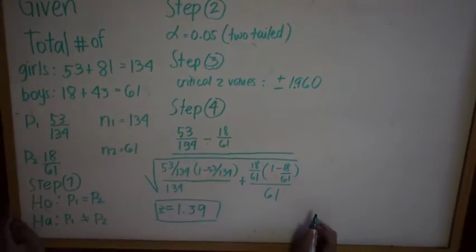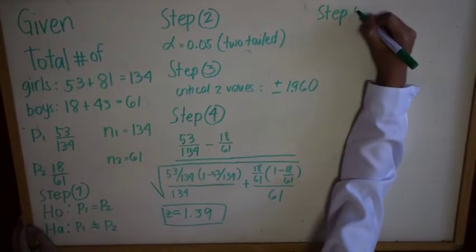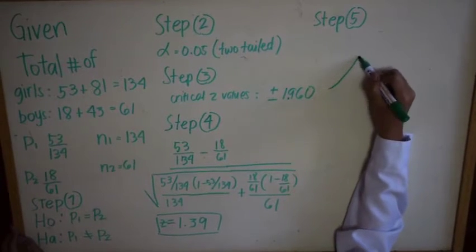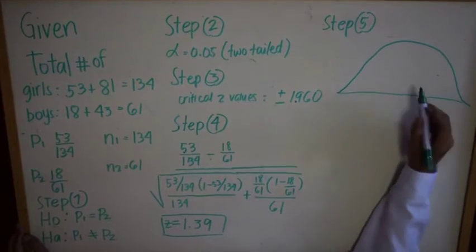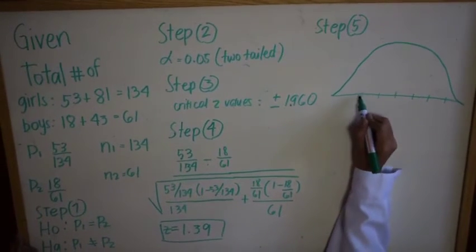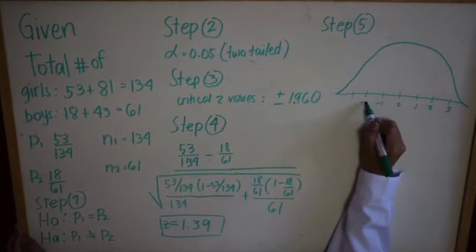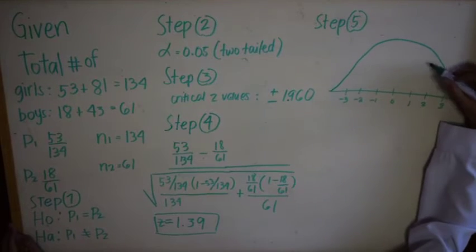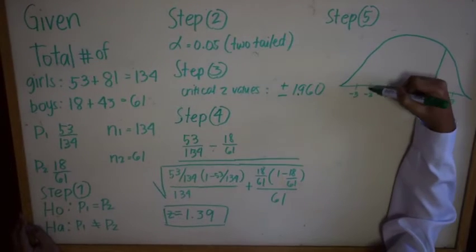For step 5, we need to graph our 1.39. So we will draw a normal distribution curve and label it. Our positive 1.960 is located here, and our negative 1.960 is located here.